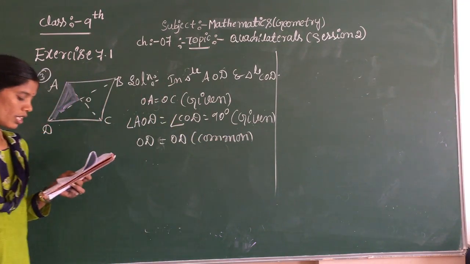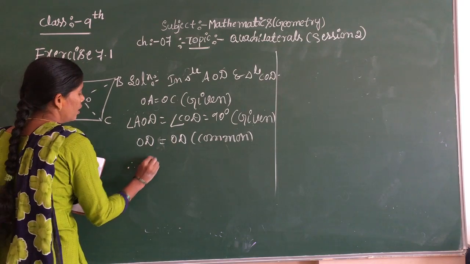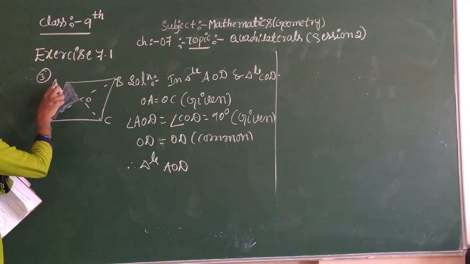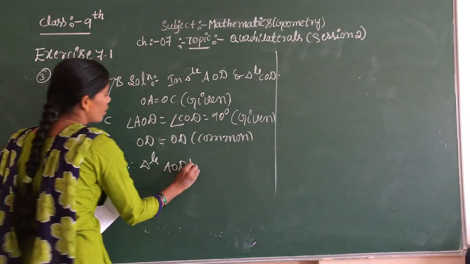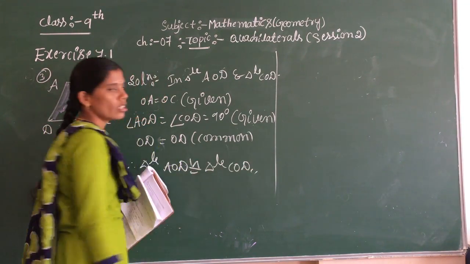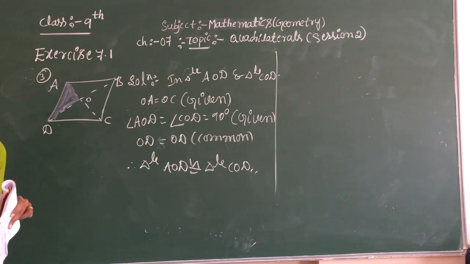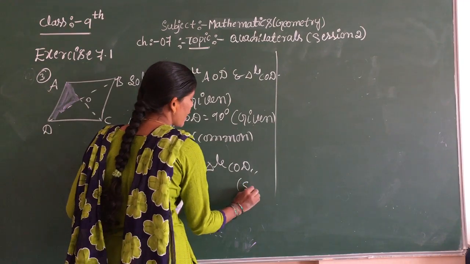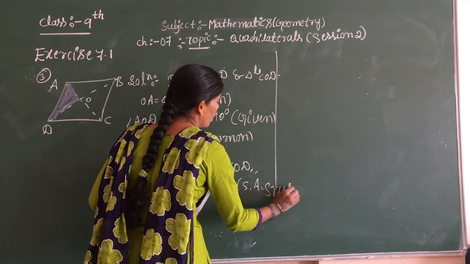Now next we shall move on. Therefore triangle AOD is congruent to triangle COD. Why? Because in both triangles the same size and same shape is there. Therefore this is which rule? SAS rule.